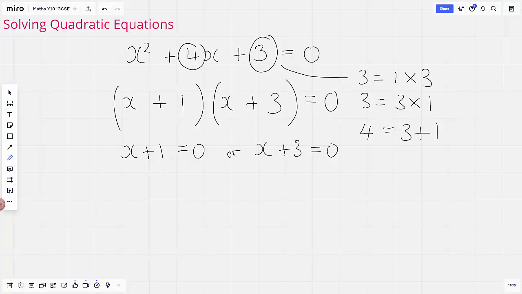What does that mean? Well, it means that x is equal to minus 1, because minus 1 plus 1 will give me 0, and x is equal to minus 3. Again, a minus 3 and a plus 3 will give me 0. So we've just solved it. These are our two solutions to our equation.